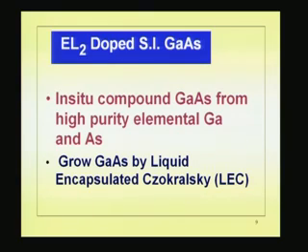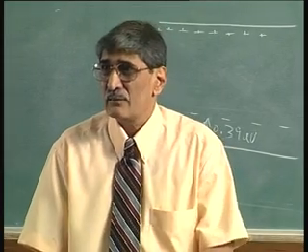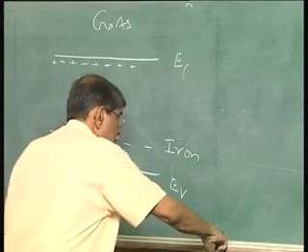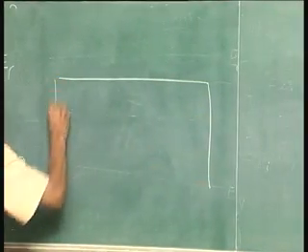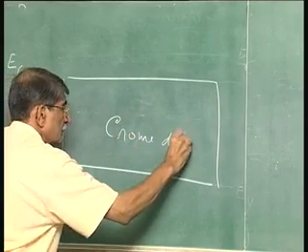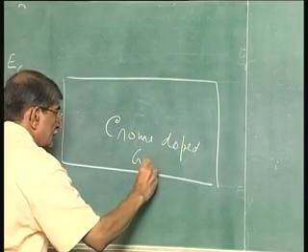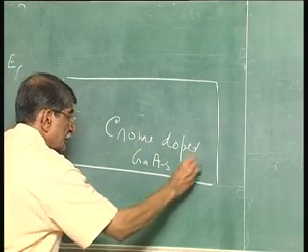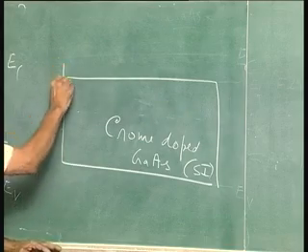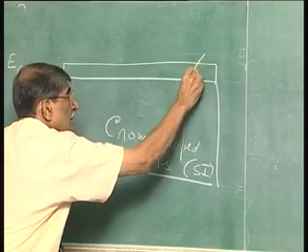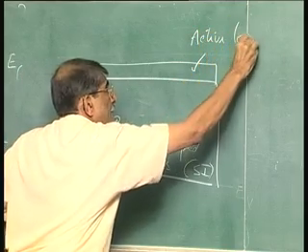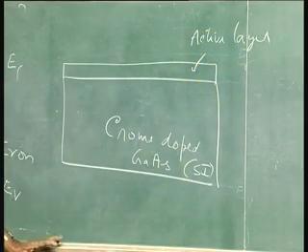intentionally adding materials like chromium, then that is a technology. Why? If you have a substrate which is chromium doped, gallium arsenide which is semi insulating, on that you grow an active layer.